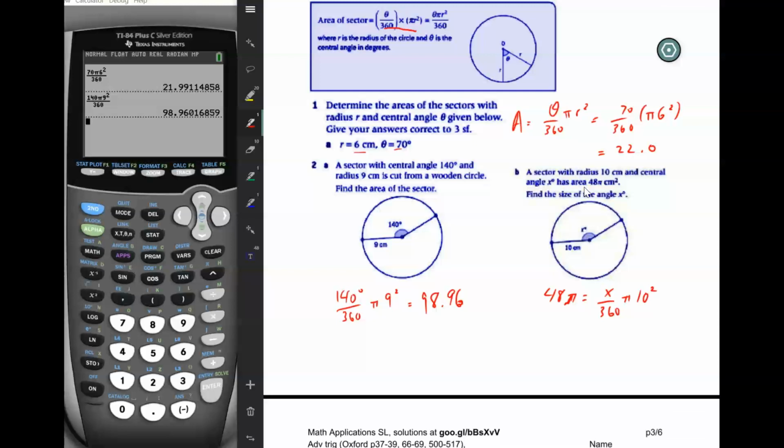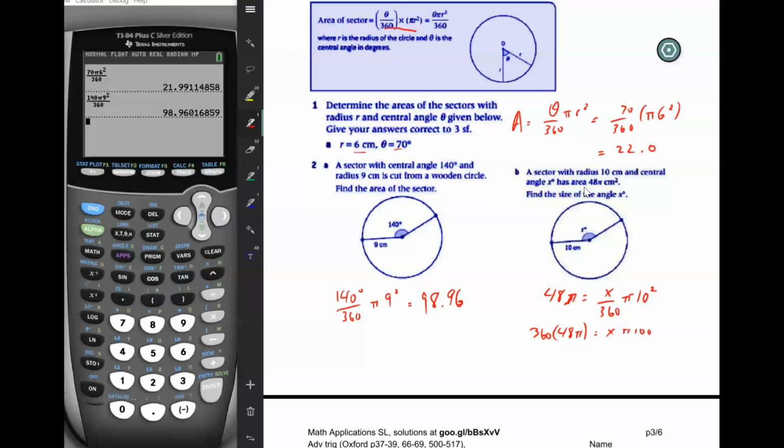And this is basically an algebra problem. You can isolate x by multiplying both sides by 360, and then you'd end up with 360 times 48 pi, and then you'd cancel that 360 out, so it would be x times pi times 10 squared, which is 100.